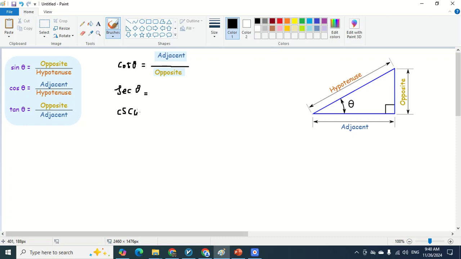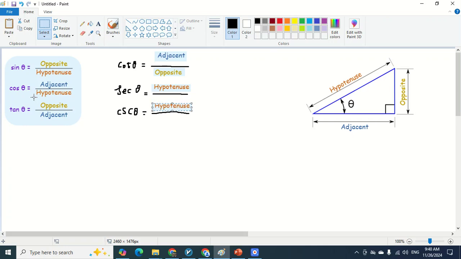For the secant of theta, we have the inverse of cosine. The hypotenuse will be in the numerator of these two expressions, meaning both of them are defined as the hypotenuse over another factor.